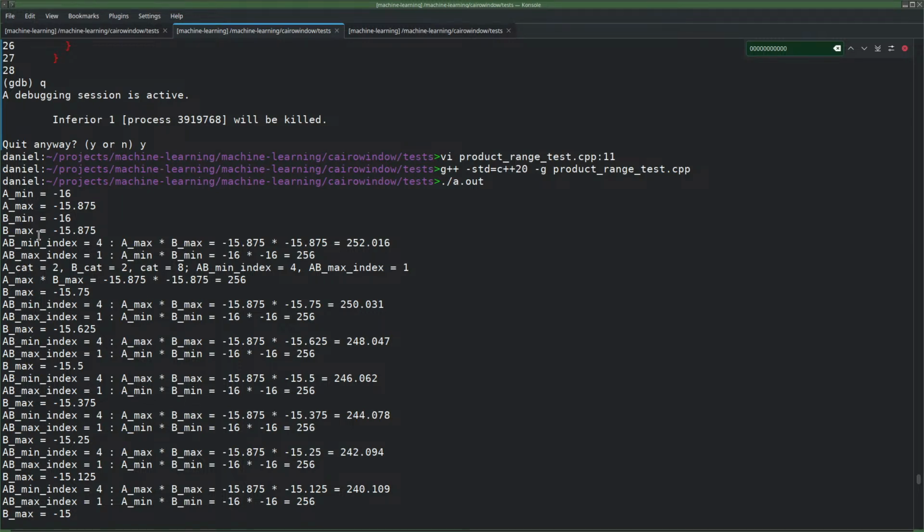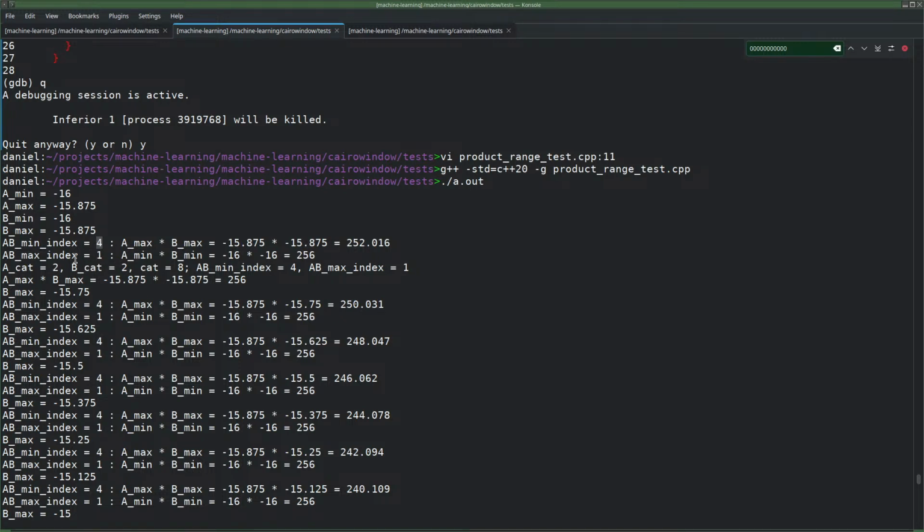So the smallest product is going to be this one times that one. And that's 252, which is less than the 254 or the 256, the other possibilities. And this belongs to index 4, so yeah, minimum is 4.